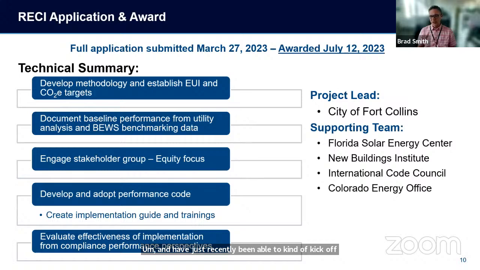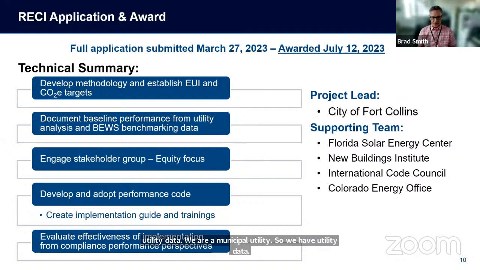The goal of this project is to develop a methodology that establishes energy use intensity, or kBTU per square foot, building energy targets, and CO2e carbon emission reduction targets. The plan is to document a baseline performance from utility data. We are a municipal utility, so we have utility data and our benchmarking program.